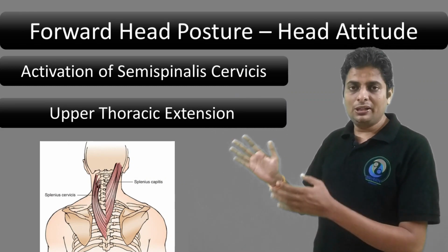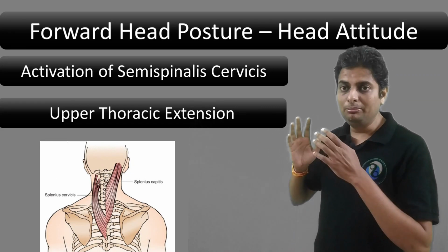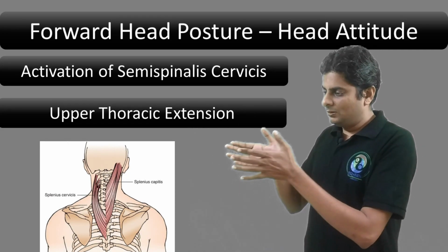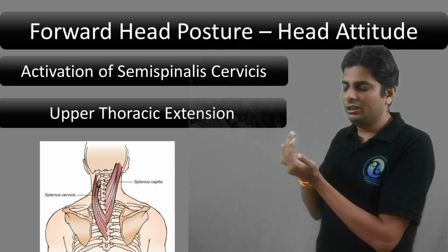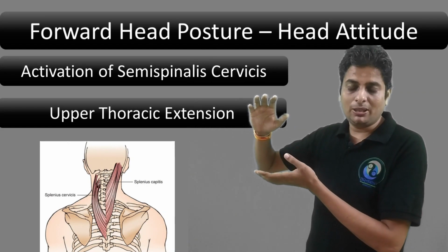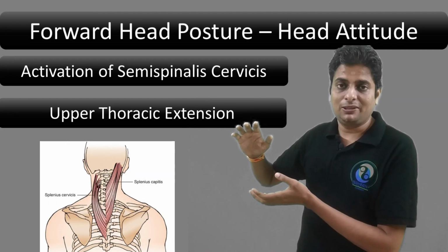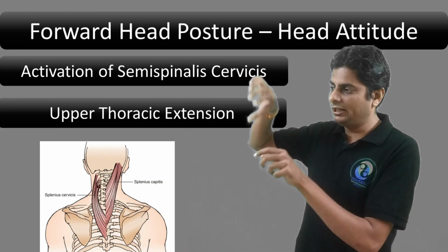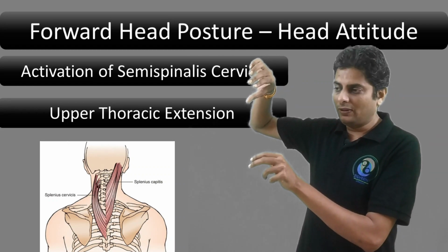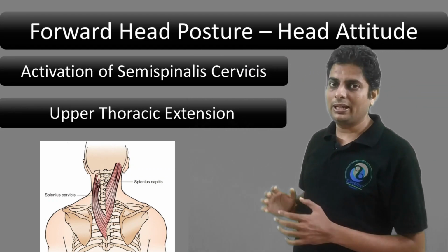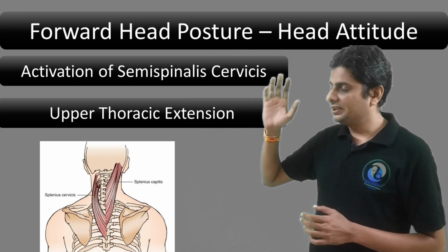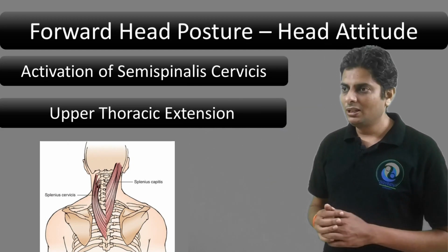So a retraction of head means just retract the head with the mobility of upper thoracic spine, especially upper thoracic spine. So an elongated cervical spine gets retracted, and this is done by semispinalis cervicis.